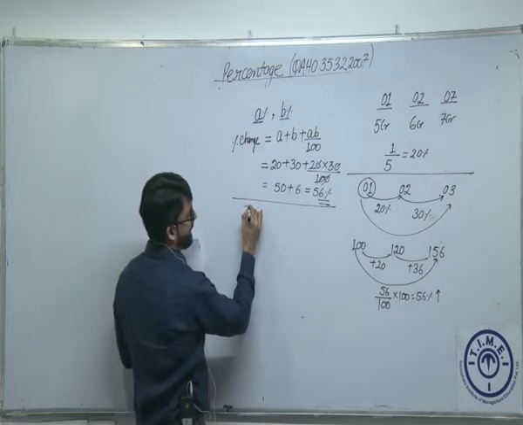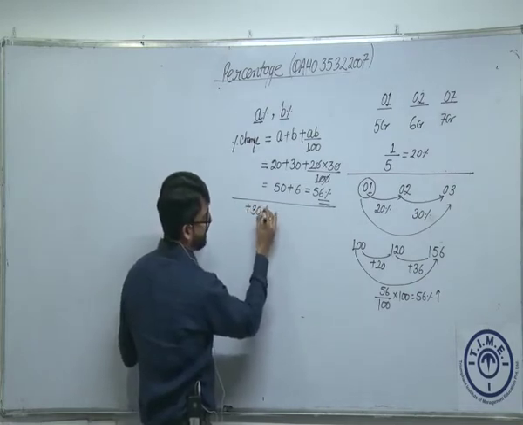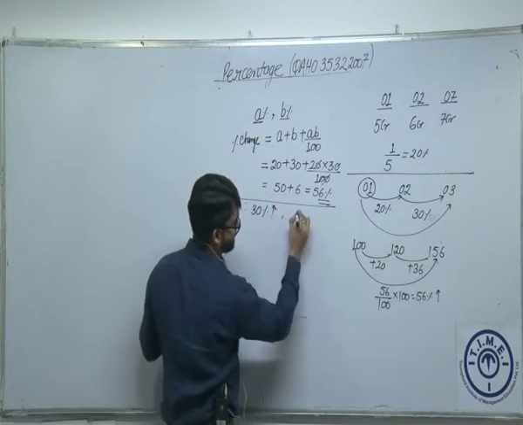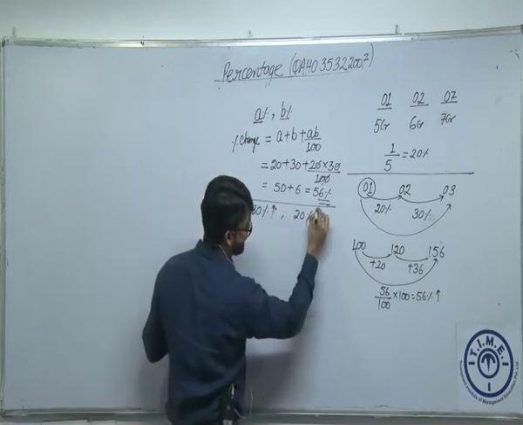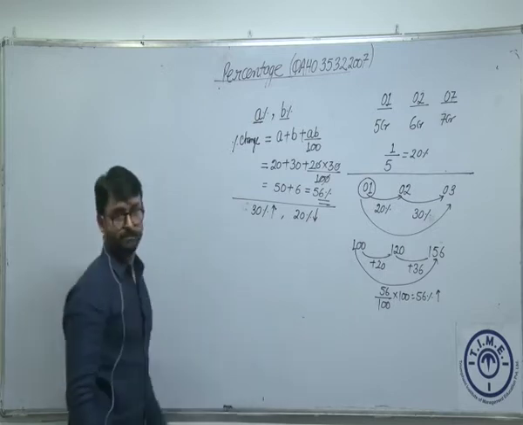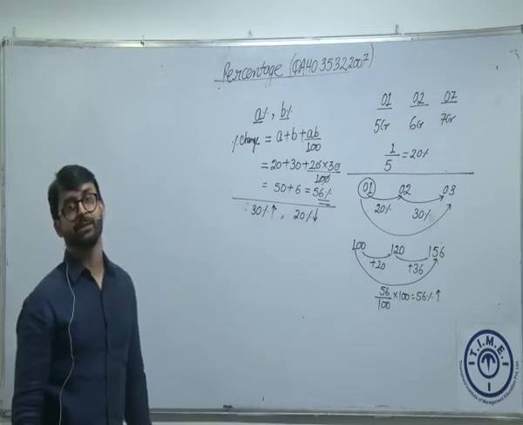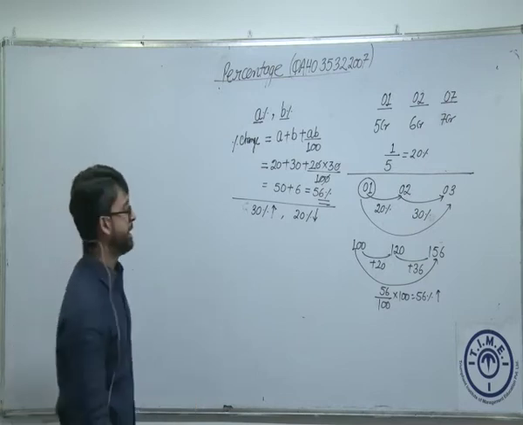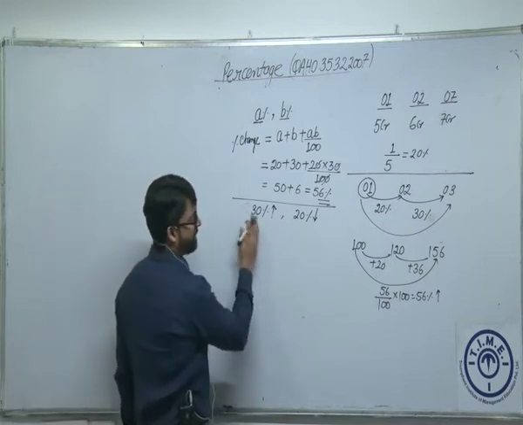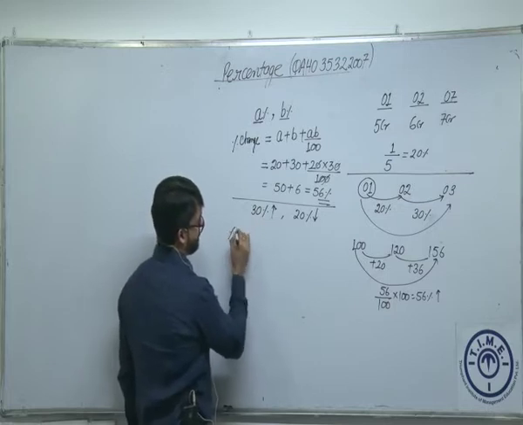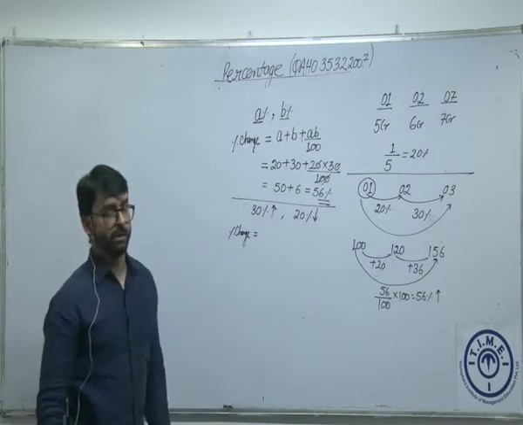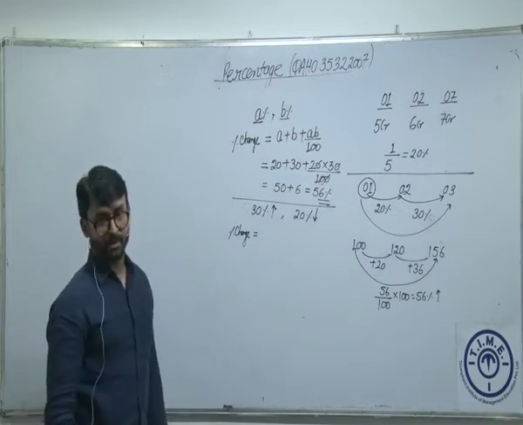If the salary or the revenue of one of the companies is increased by 30% and then reduced by 20%, then find the overall percentage change in the revenue of the company. Now here, we don't have any problem with this 30 because it is 30% positive.